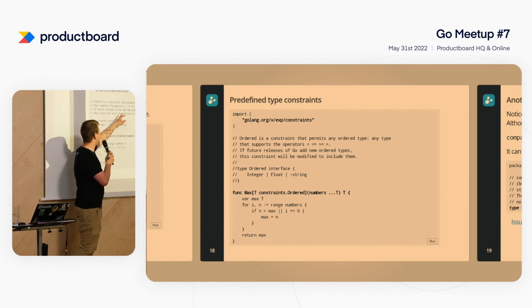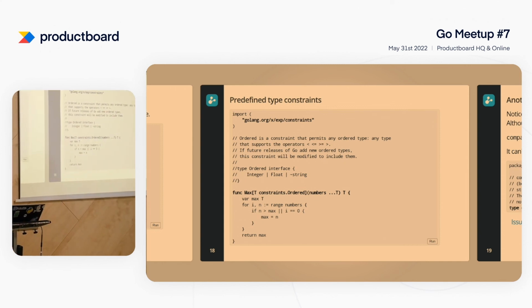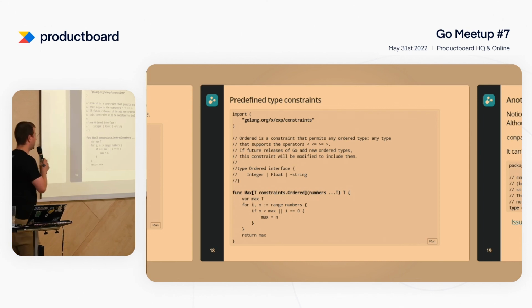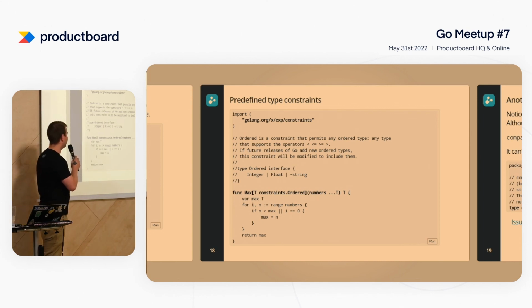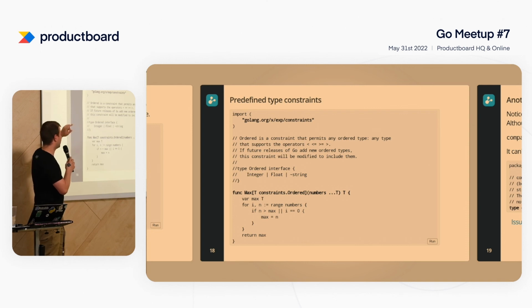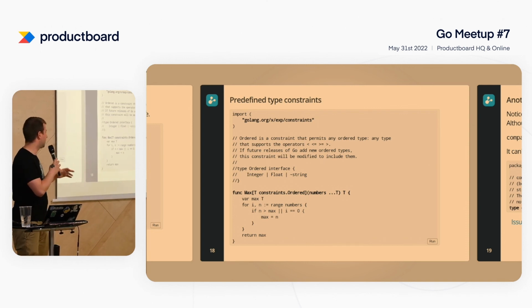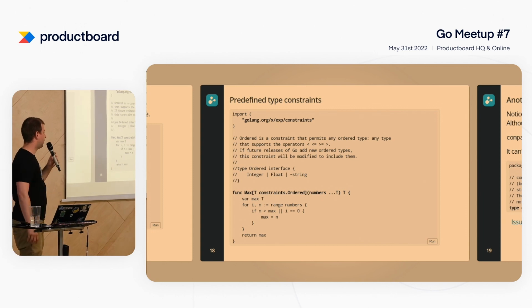It's everything where we can use these operators. Also, what you can see here is that we can include other interfaces in the type union. So this Integer is also an interface which contains the Signed and Unsigned interfaces, and at the bottom there is the real list of those built-in types.